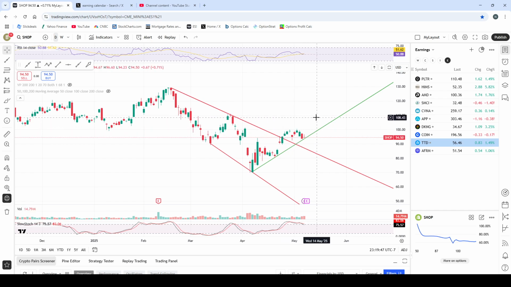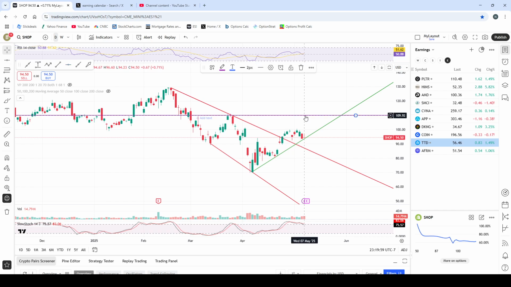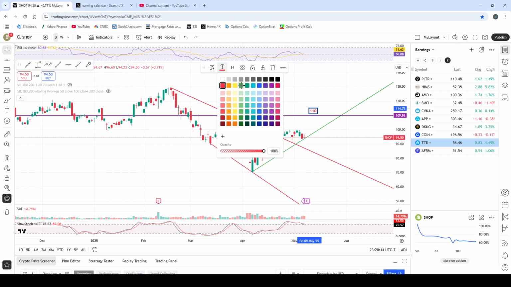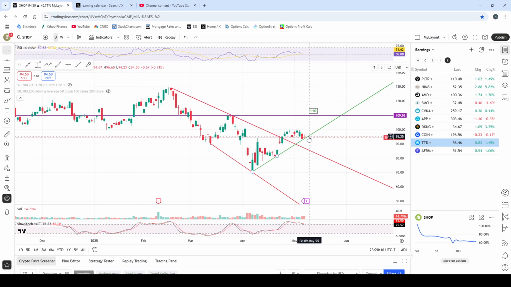tomorrow it will bounce. If it bounces, when you look for the next level, you look backward to the last high. So about 109, so 110. So I put 110 as the top limit for Shopify if it got a really good earning. Okay, so that's the top.